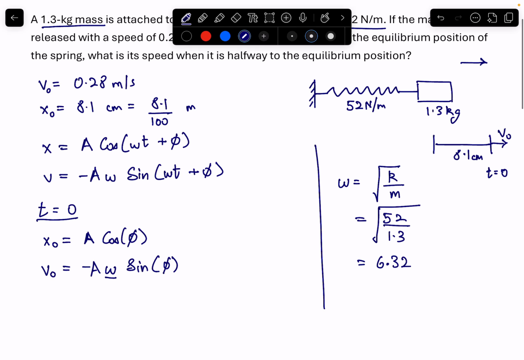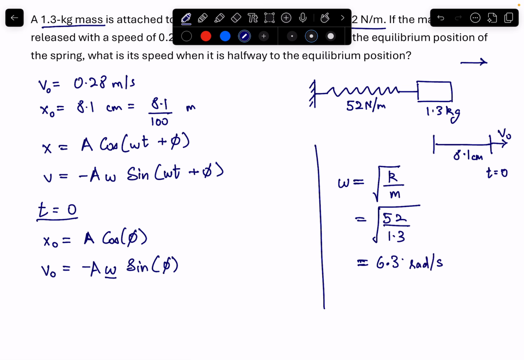The significant figures are 2, so I'll just make it 6.3 radians per second. Alright, so we know the value of omega, so I'll substitute it in these two equations.